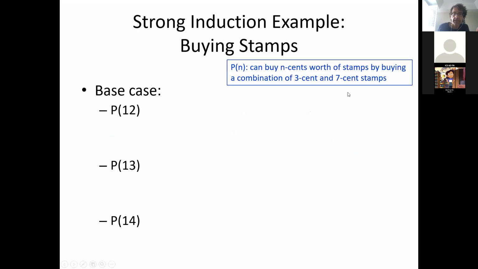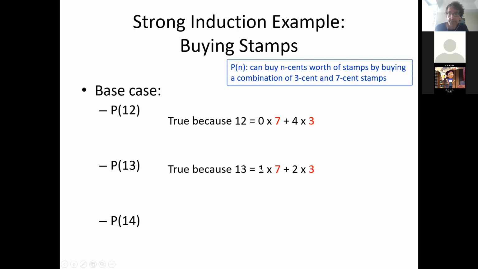So this is your theorem: any n of 12 or more can be expressed as some number of 3s plus some number of 7s. Is this predicate true about 12? Yes, I can just express it as a bunch of 3s and I don't take any 7s. 13 I can do as well. I add one 7 and I take away two 3s.